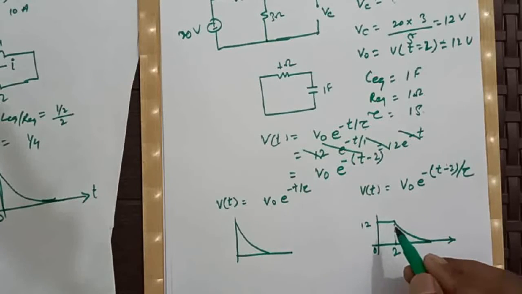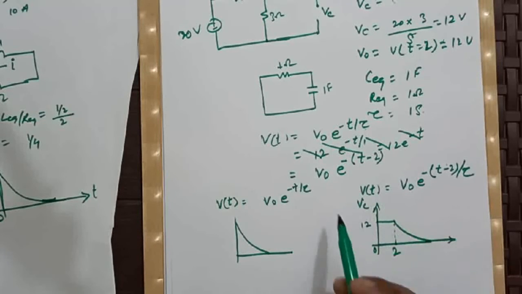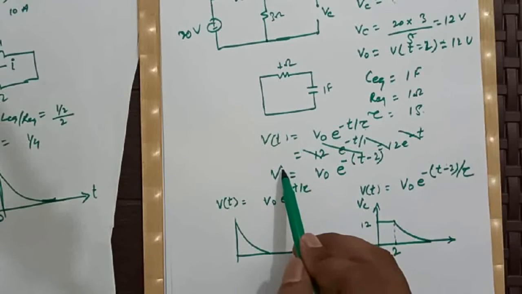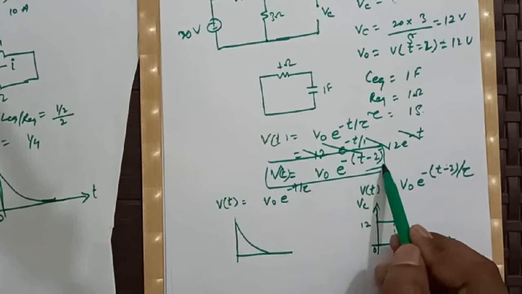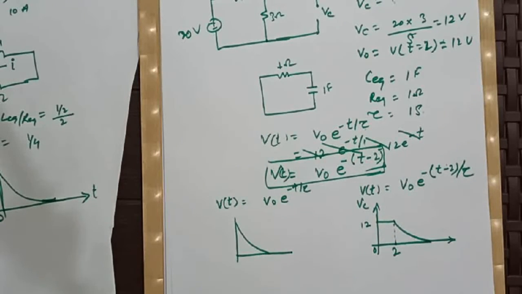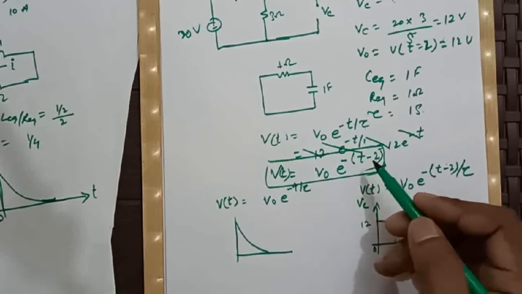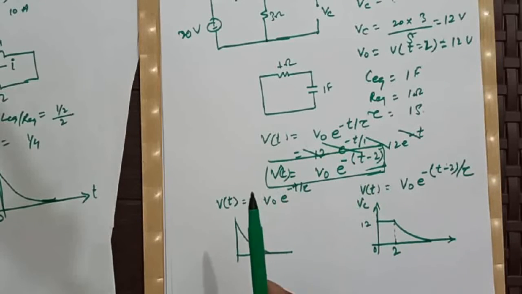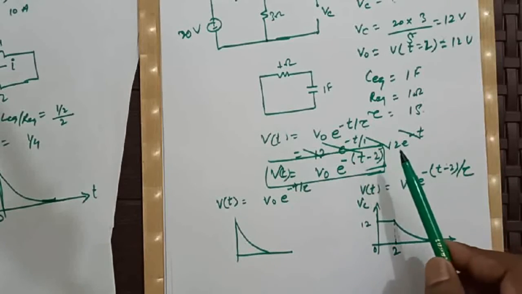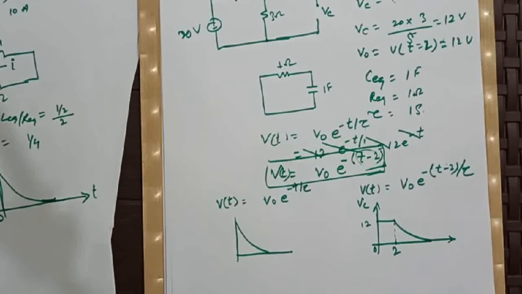So this was the graph of Vc, and this was the expression of voltage. This part is representing nothing but the delay, as we have operated the switch at time t equal to 2, so this is nothing but the delay of 2 seconds, right?